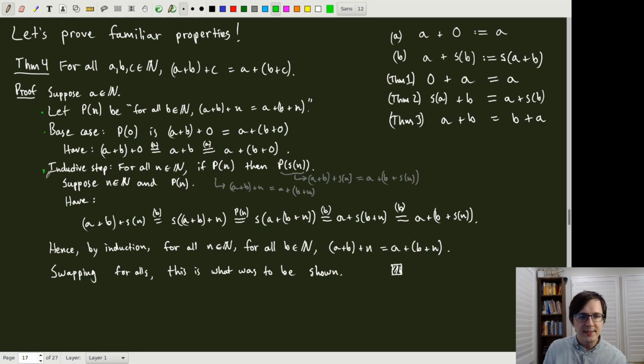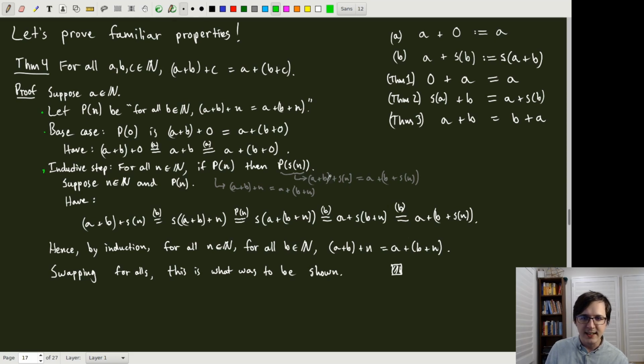Then the inductive step is, like always, for all n, if P of n, which is written above, then P of the successor of n, which I've written out right here: (a + b) + s(n) equals a + (b + s(n)). So we can reason equationally.